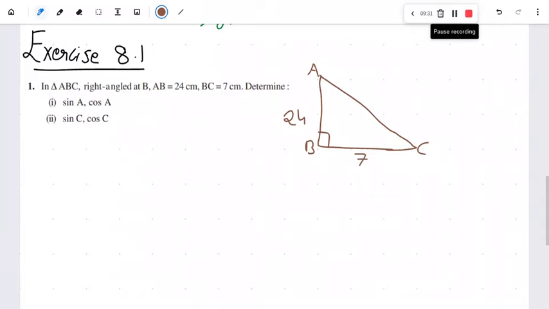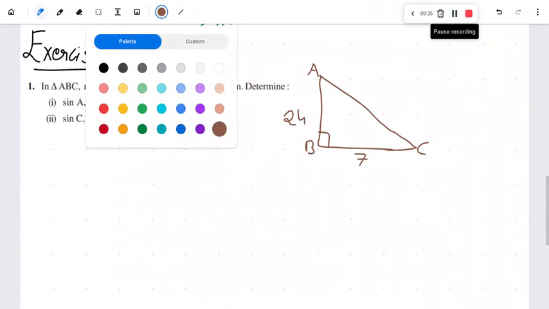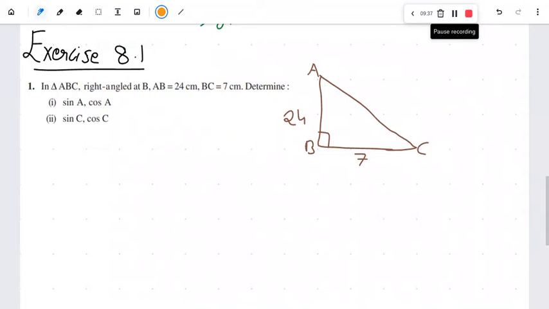Now the question comes, what is hypotenuse? Hypotenuse we have to find out by which theorem? We will find it by the Pythagoras theorem. So we know that hypotenuse square is equal to base square plus perpendicular square. So we will do AB square plus BC square.